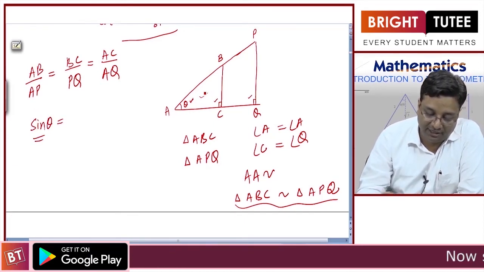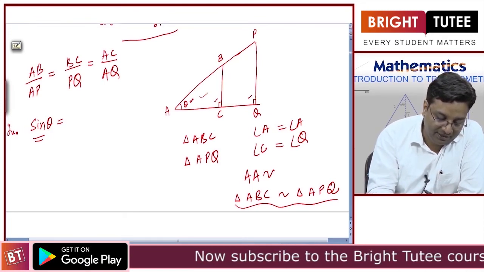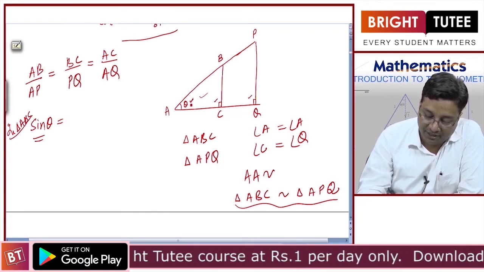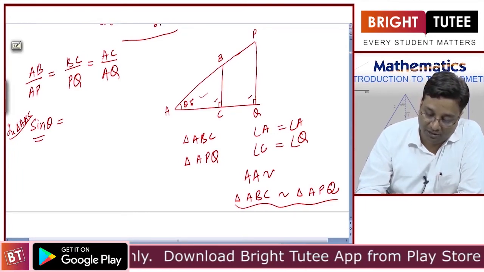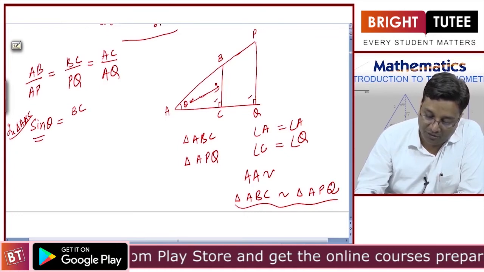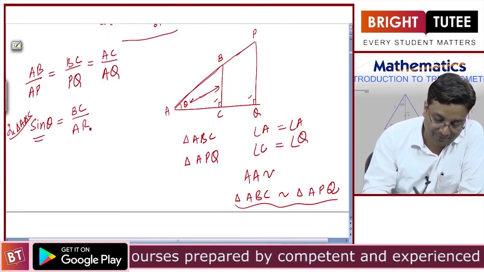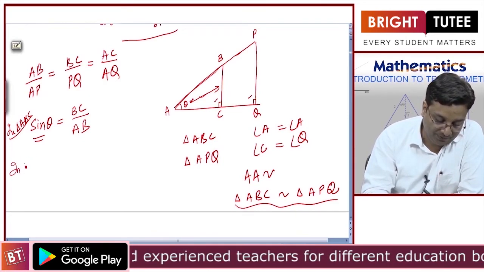What is sine of theta in triangle ABC? Sine of theta, sine, so opposite by hypotenuse. So what is opposite? Side BC. What is hypotenuse? Side AB, right?